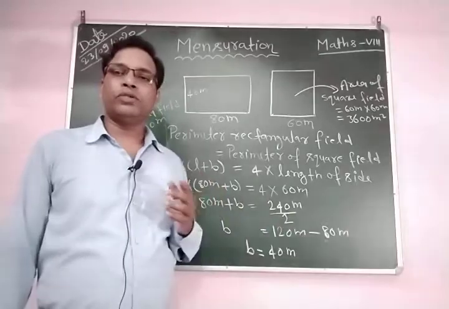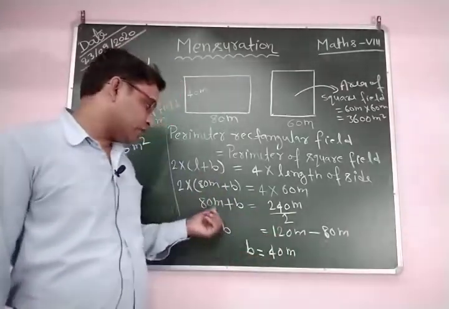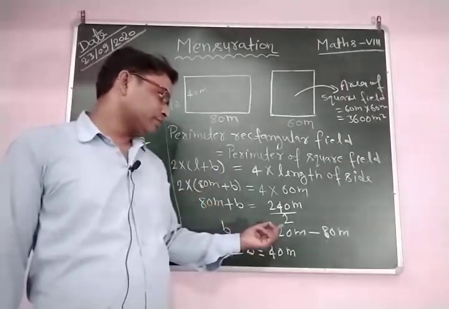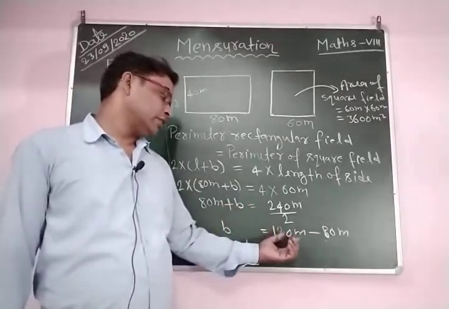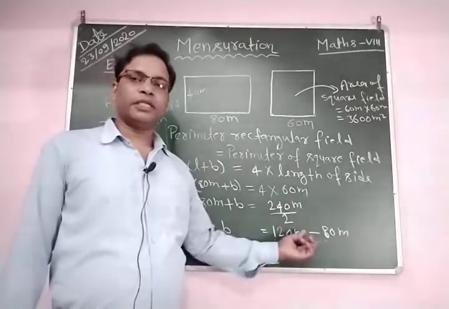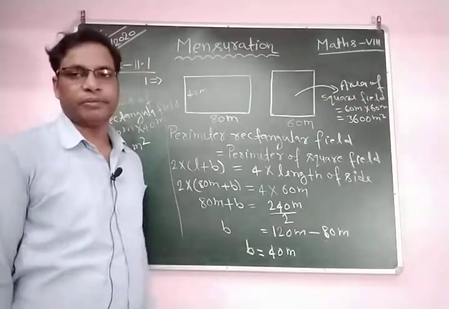When we divide 240 by 2 we obtain 120 meters. After we transpose this 80 meter to the right hand side, 80 meters is subtracted from 120 meter, so b, the breadth, is equal to 120 meter minus 80 meter. It means that the breadth of the rectangular field is 40 meters.